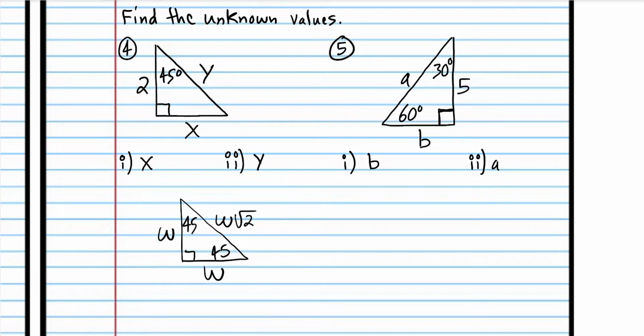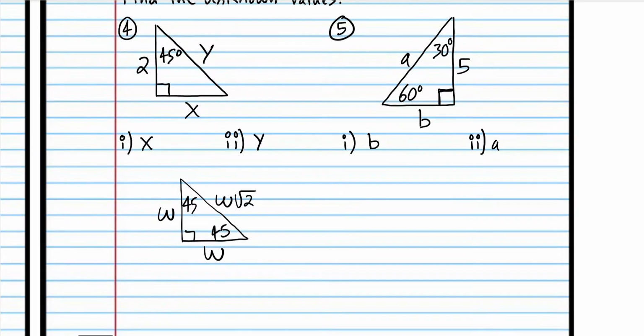Okay, so that makes this problem very easy, because we can see that a side opposite a 45 degree angle, which we found out this side is 45, that's 2. So that means that W is 2. So that means that this side must be 2 also. So X is 2. Pretty easy.